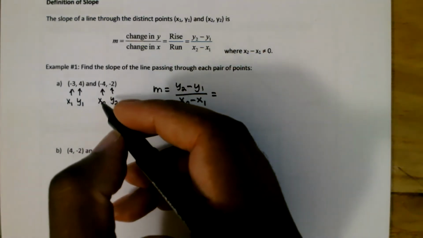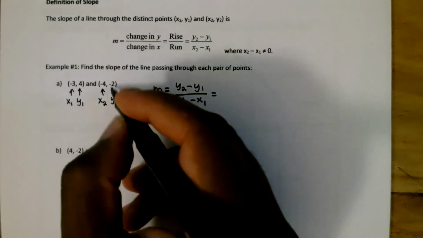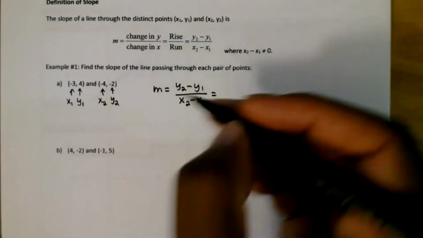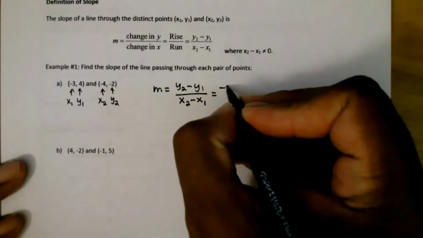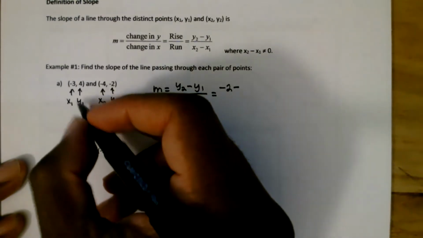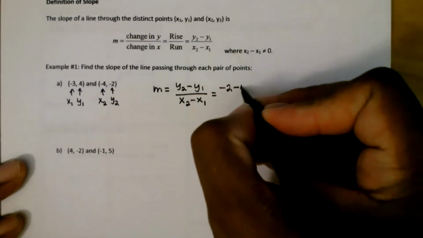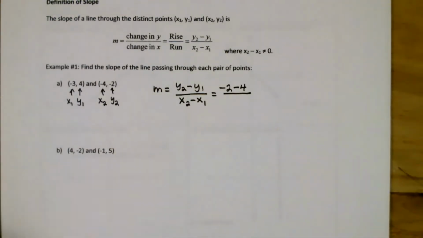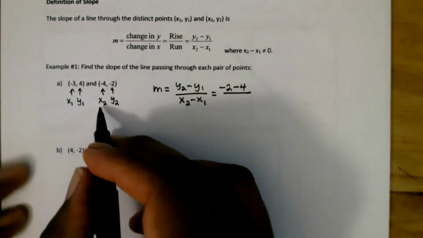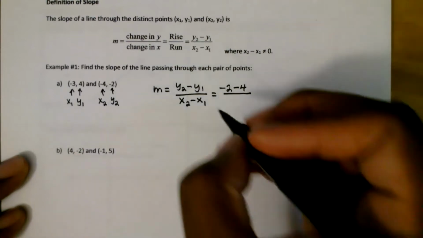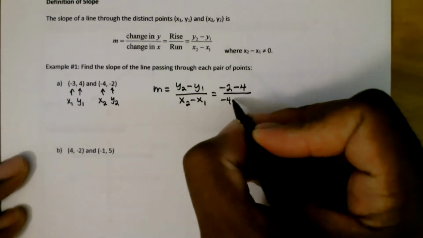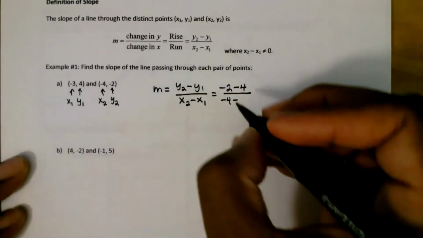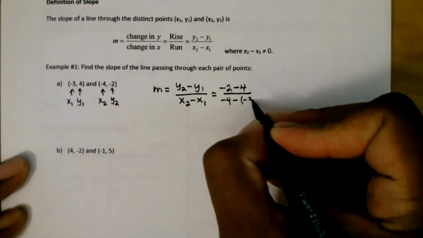In this case, y2 is -2 minus y1, which is 4. Keep in mind, in the numerator and the denominator, we're always going to subtract our corresponding y's and our corresponding x's. So x2 is -4 minus x1, that's -3.